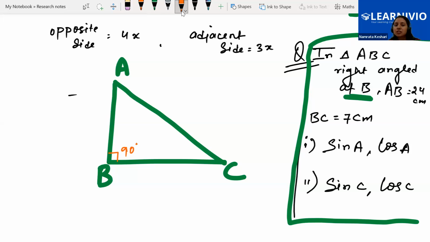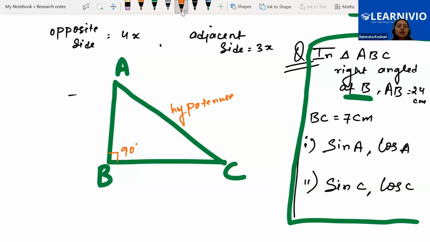Can you tell me which one is the hypotenuse? In this triangle ABC, which one is the hypotenuse? AC. AC is the hypotenuse. Opposite to 90 degree, we are having hypotenuse. Always opposite to 90 degree will be the side hypotenuse.